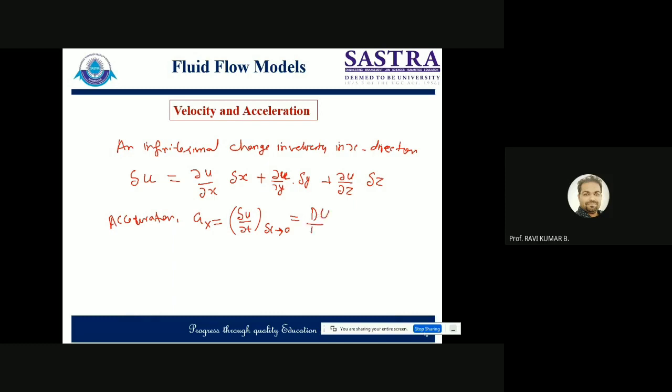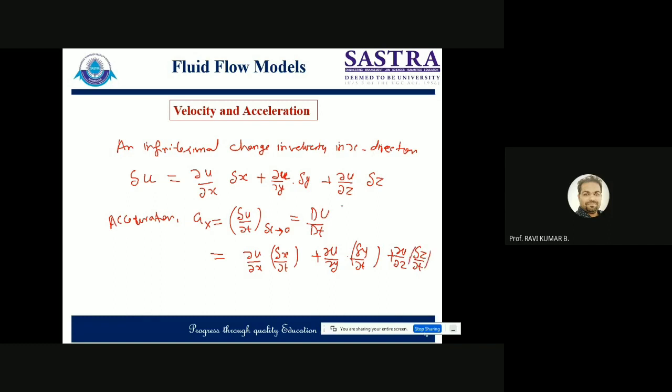So when you are doing that, you have to divide this entire equation by dou t. If you do so, how can you write this? Dou u by dou x, dou x by dou t, which is another term. Similarly, dou u by dou y into dou y by dou t. This is another term, and the last term you can also write in this way: dou u by dou z into dou z by dou t.